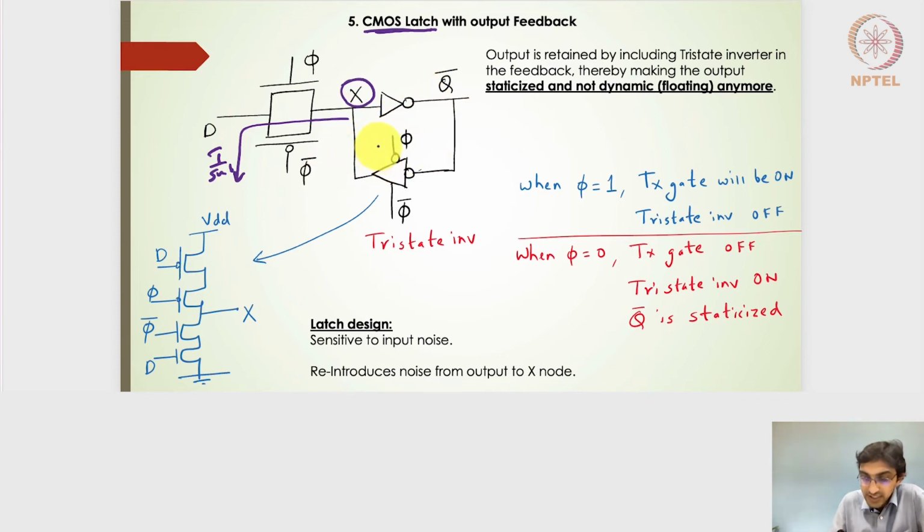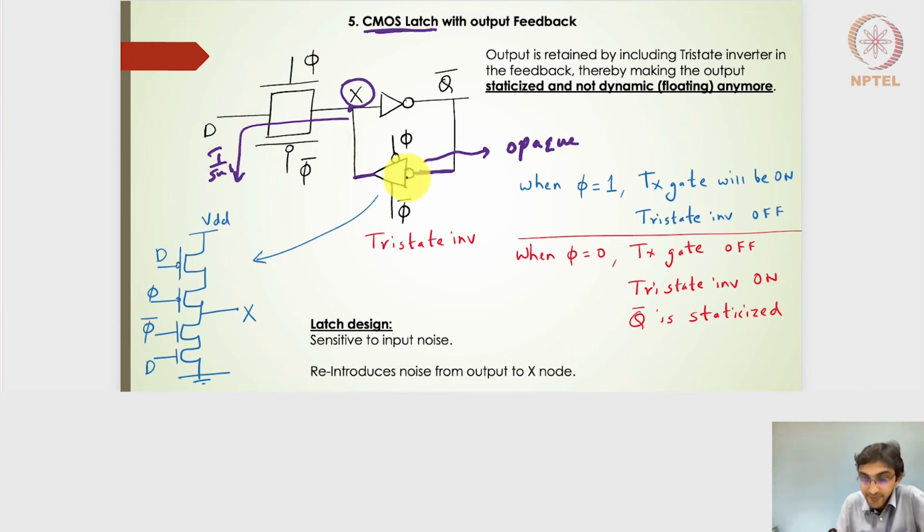Now, what if I design a tri-state inverter such that it will drive the X node, especially when the latch is working in an opaque state? So this part of the circuit should be operating in the opaque state. That means I need a tri-state inverter here which works in the sense that, based on the input, the output is driven either by the VDD rail or by the ground rail.